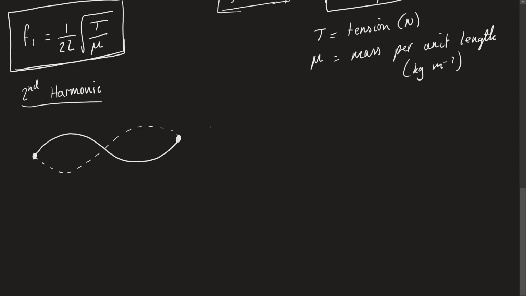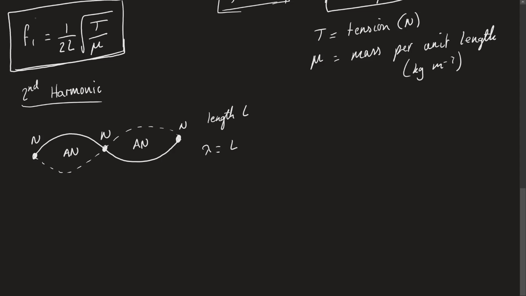So L is still the same, but in this case the wavelength is L. And we now have 3 nodes instead of 2, and 2 antinodes in the middle here. This is going to be specific to this frequency.